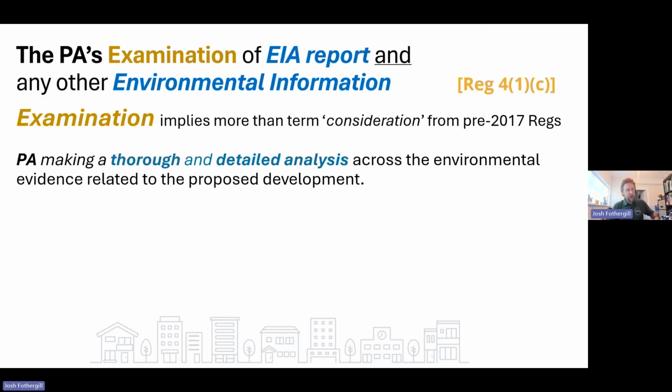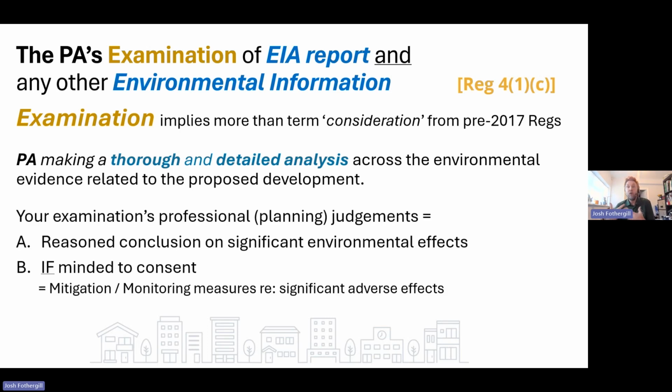So the examination itself is more than just what we had before the 2017 regulations, where we were giving consideration to the documents that were submitted. It's somewhat of a thorough and detailed analysis across the environmental evidence that is coming in for the proposed development. But think about what EIA is really after and what is critical for your decision process. You're there to make reasoned conclusions on significant effect.